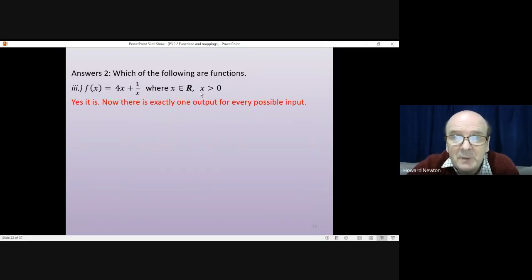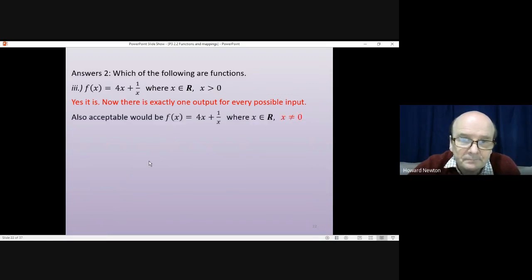So yes, if we add that restriction, we do now have a function, and there is exactly one output for every possible input. It would also be acceptable to say f of x equals 4x plus 1 over x, where you just say x can't equal 0. Just rule out the one number that isn't allowed. That also would be fine, and that would be a function. Every other value other than 0 isn't a problem.